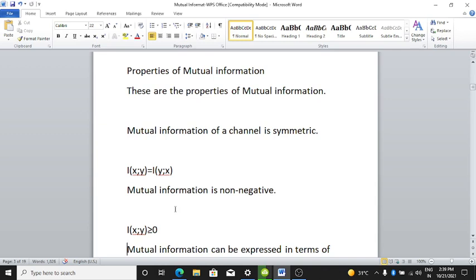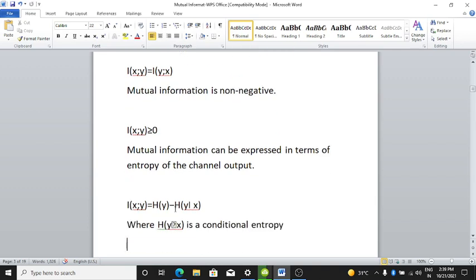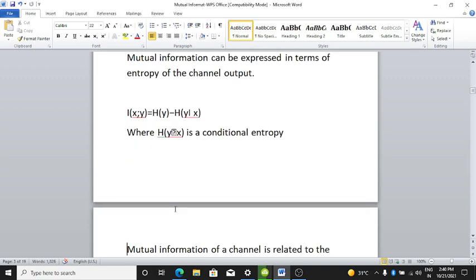I of x,y is greater than or equal to 0. Mutual information can be expressed in terms of the entropy of the channel output. I of x,y is equal to H of y minus H of y given x, where H of y given x is conditional entropy.